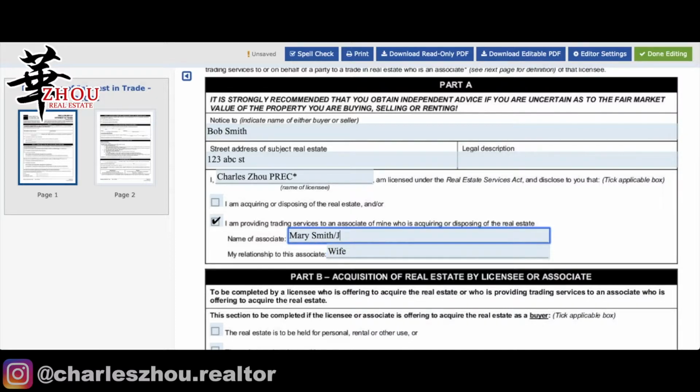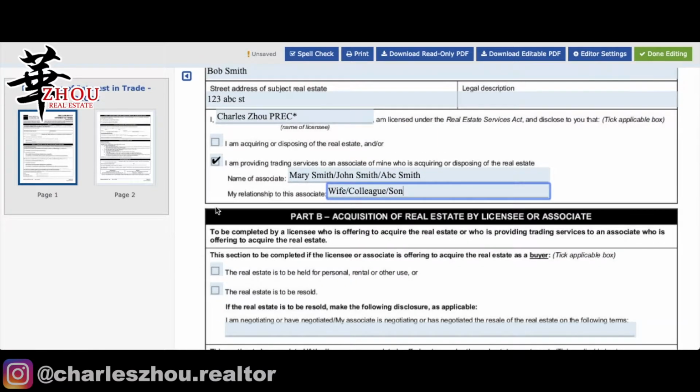Or you can put John Smith, or you can use another name. They may be your son.